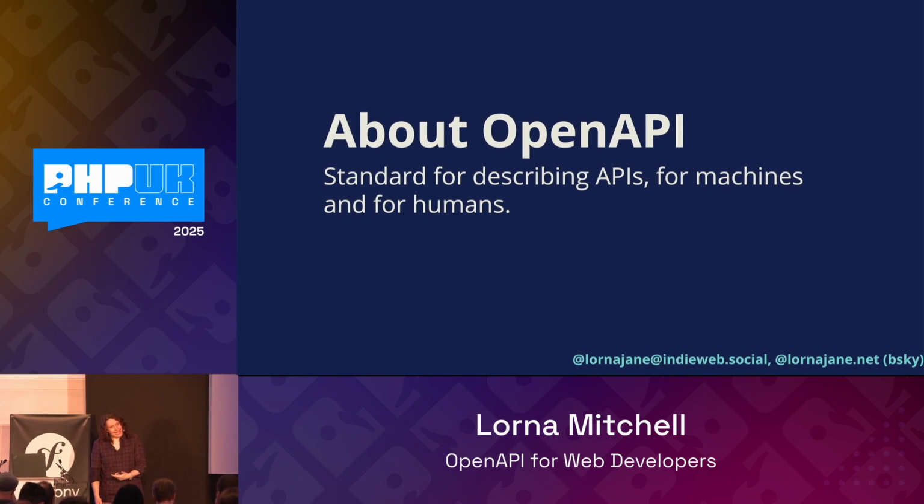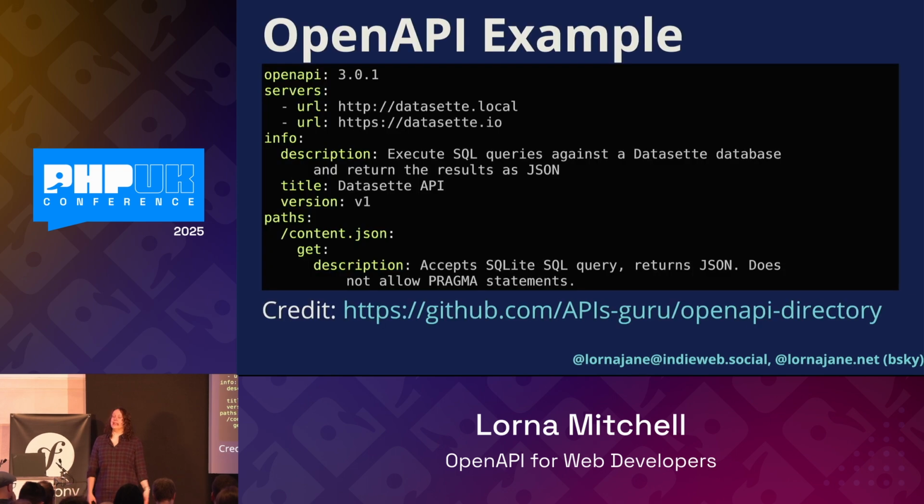If you haven't seen OpenAPI before, it looks something like this. This is not a whole OpenAPI document. It's like a third of the shortest OpenAPI description that I know, which is from Dataset. One thing that I think is an important thing to acknowledge when we talk about working with OpenAPI is that sometimes those files are kind of long.